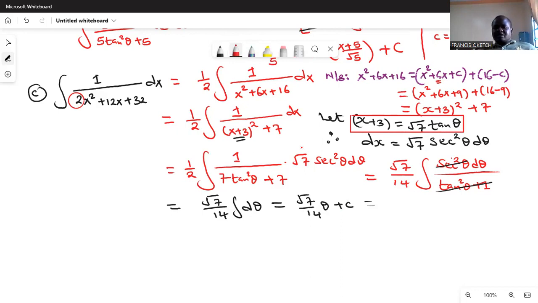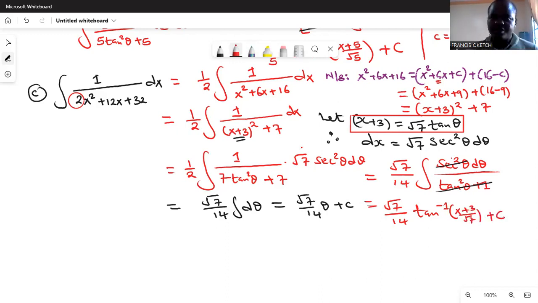Then take tan inverse on both sides so that theta is equal to tan inverse of x plus 3 over root 7. So the answer will be root 7 over 14 tan inverse of x plus 3 over root 7, plus c.